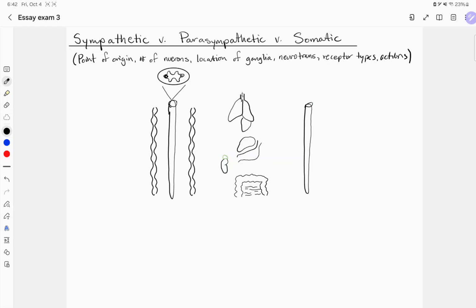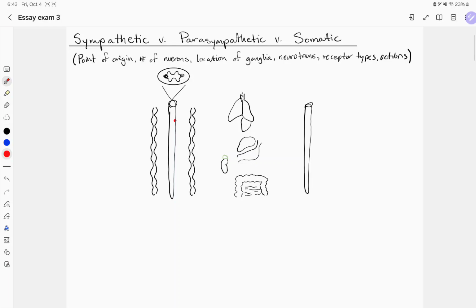All right, this is just going to be a little bit of a map to help us understand the pathways of the neurons into the sympathetic and the parasympathetic nervous systems. So to get started, I'm going to show our sympathetic nerves or neurons and the pathway that they follow. So we have our point of origin, as we discussed, in the lateral horn of the spinal cord.